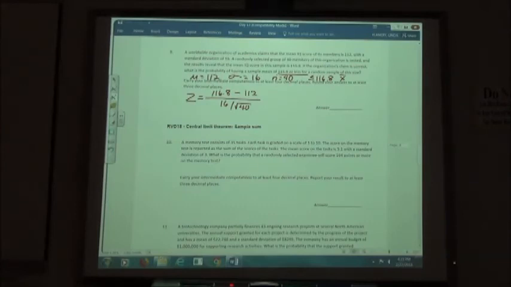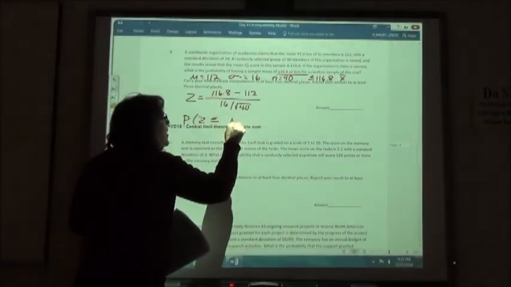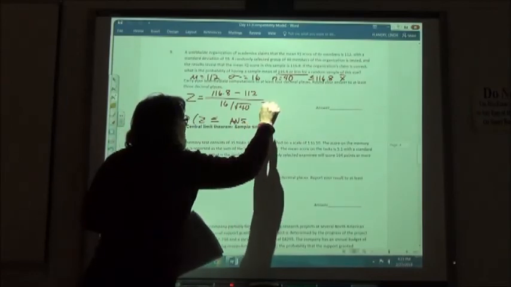The standard deviation divided by the square root of n. And then we're going to do P of Z is less than or equal to whatever that answer was.